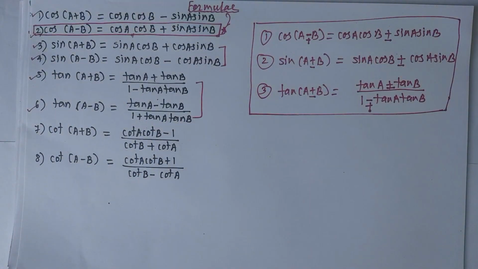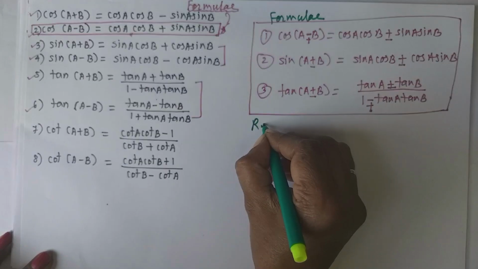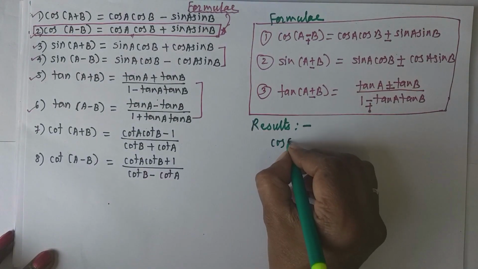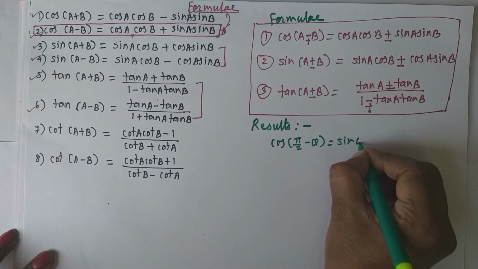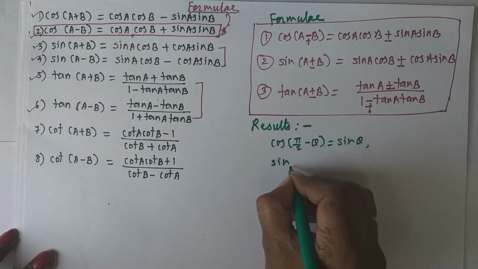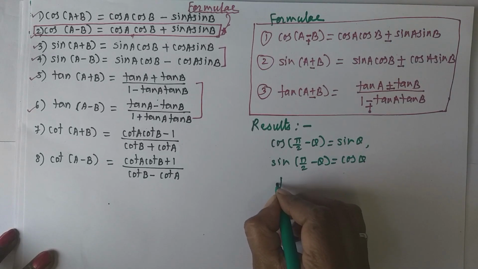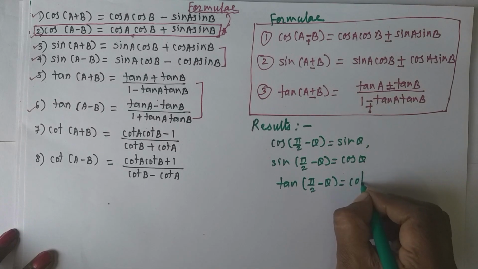exercise 1. Okay? Then again, we will collect the results which we have got in this lecture. See here, this we have to remember as formulae, and this we have to remember as results. Cos(π/2 − θ) is sin θ, sin(π/2 − θ) is cos θ, and tan(π/2 − θ) is cot θ.